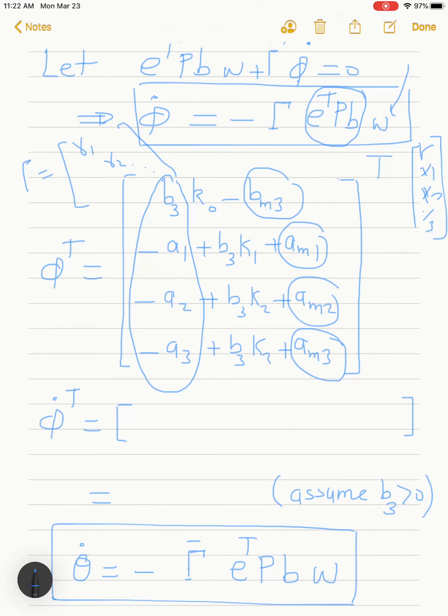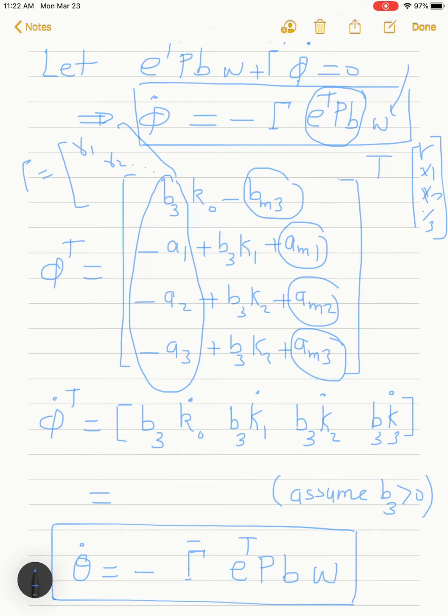So the result of the differentiation would be B3 k naught dot, B3 k1 dot, B3 k2 dot, and finally B3 k3 dot. So this is the result of phi dot transpose.